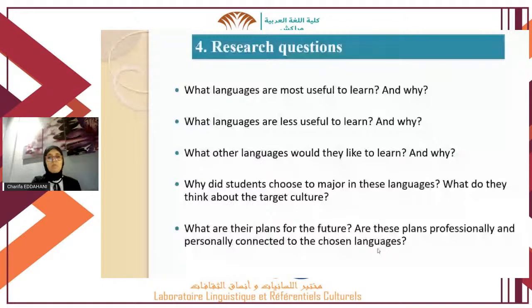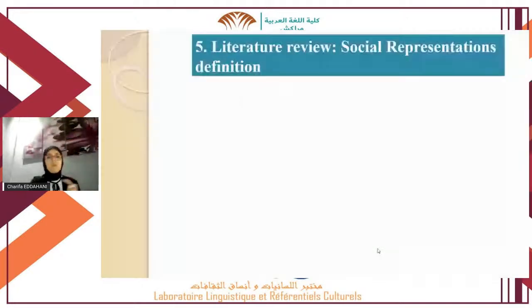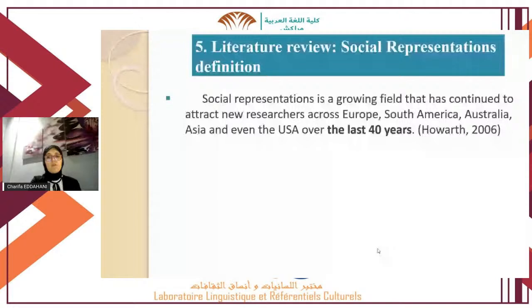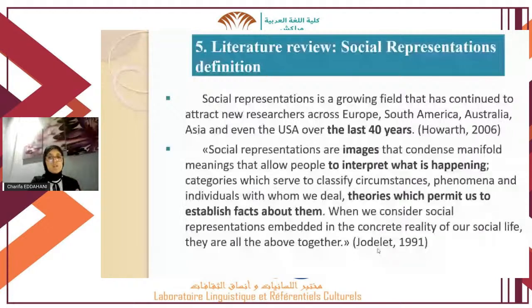Okay, so very quickly, I will just give a brief definition of social representations, which is a growing field that has continued to attract new researchers across Europe, South America, Australia, etc., over the last 40 years, which means that it's something very recent. Social representations are images that condense manifold meanings. And these meanings allow people to interpret what is happening.